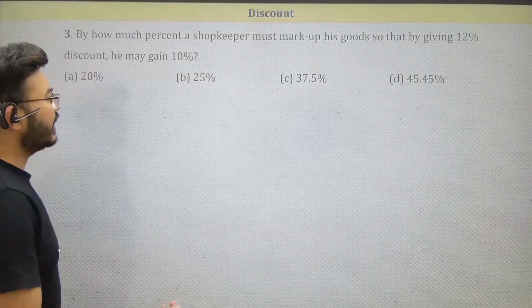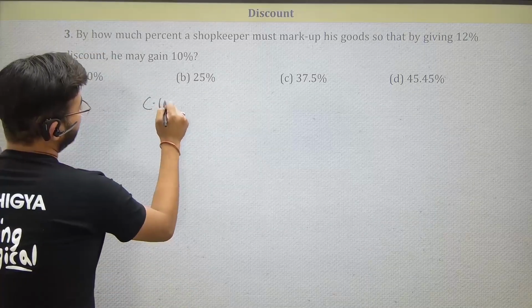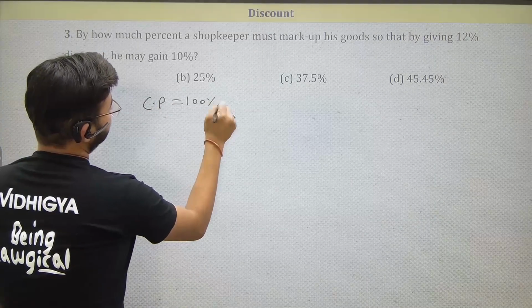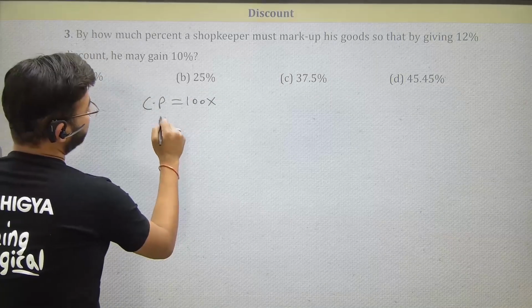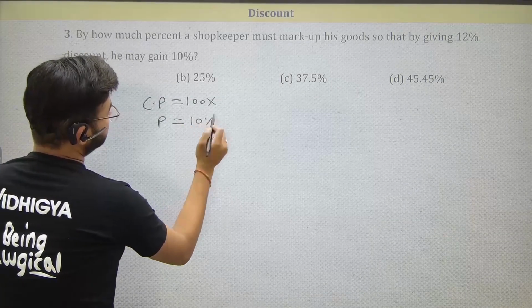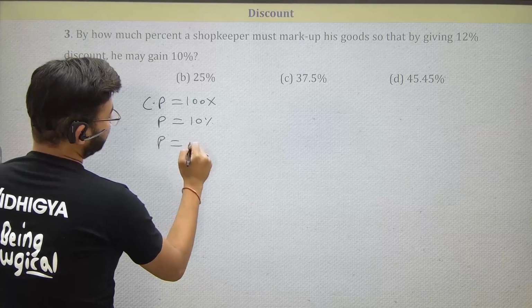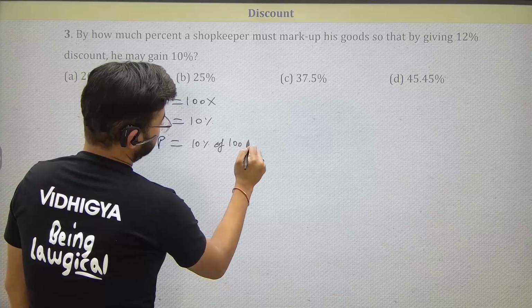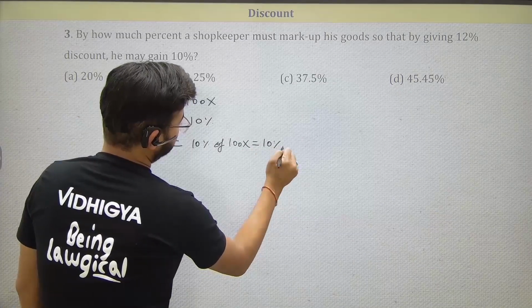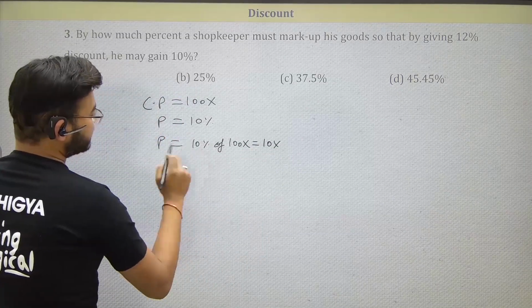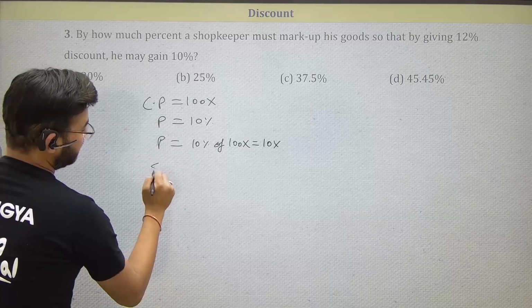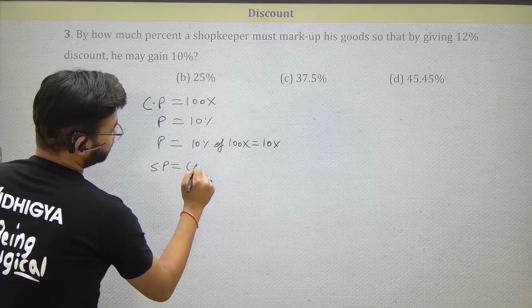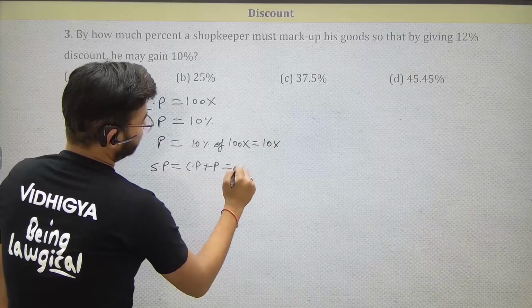Again, let us assume the cost price as 100x. Now profit that he must earn is 10%. So profit in value will become 10% of 100x, that is the cost price, so that becomes 10x. So if profit is 10x and cost price is 100x, selling price will be cost price plus profit.